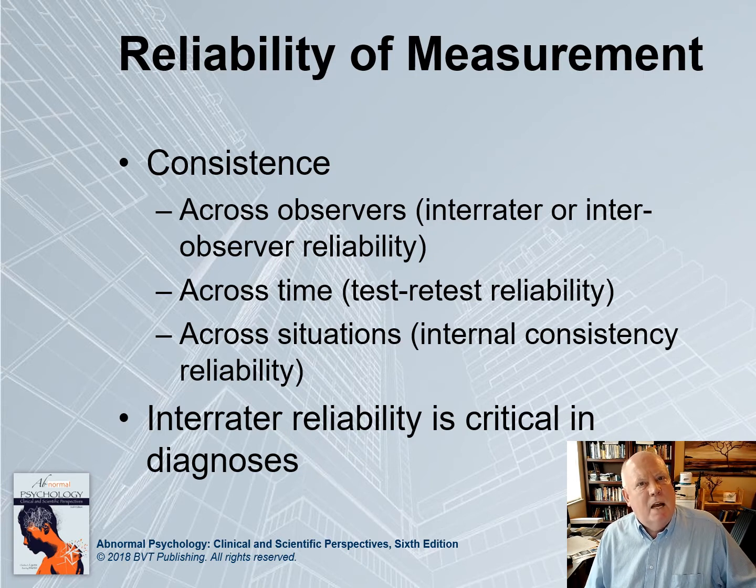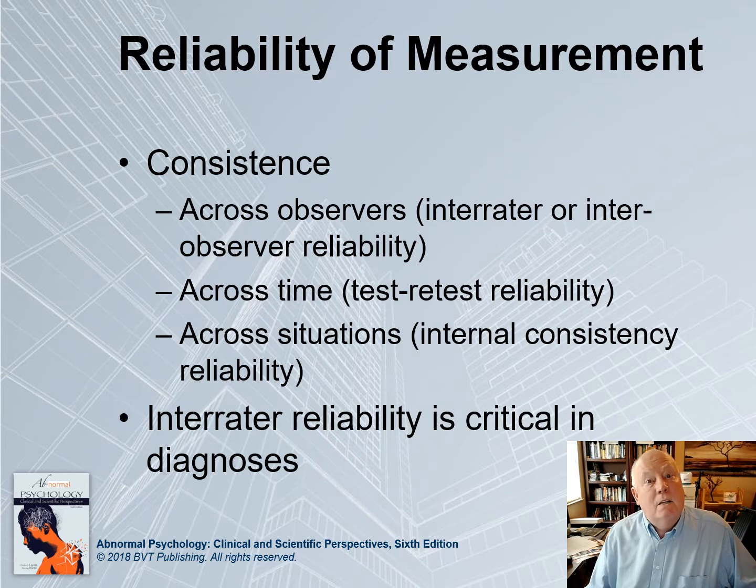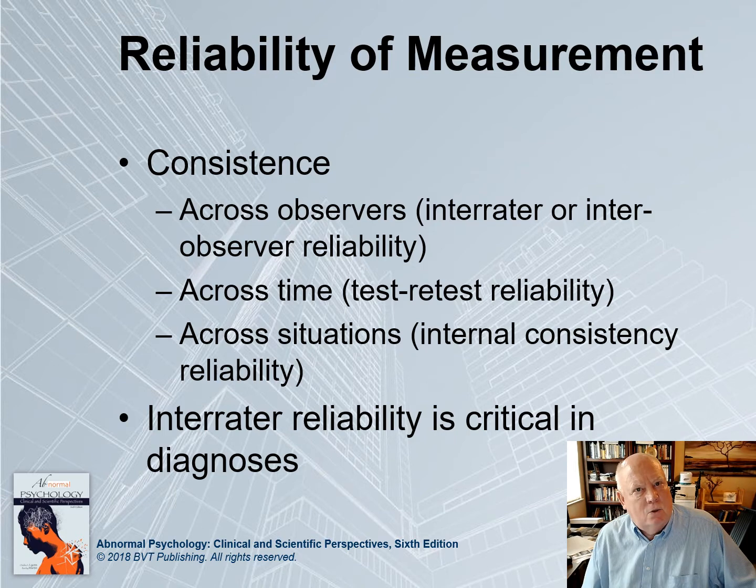We expect anxiety to come and go, so we don't expect test-retest reliability. We expect intelligence to be stable, so we expect it to have good test-retest reliability. In our field, the one thing that we absolutely have to have is inter-rater reliability.